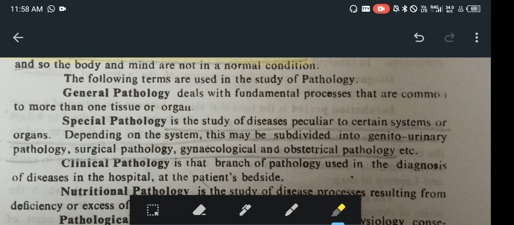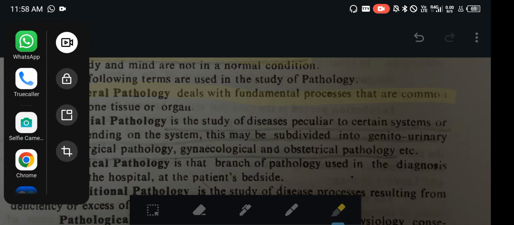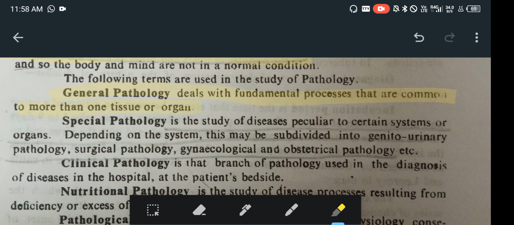The first one is general pathology. It deals with the fundamental processes that are common to more than one tissue or organ.